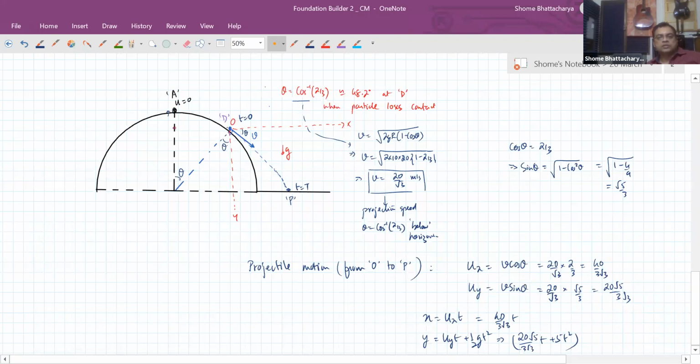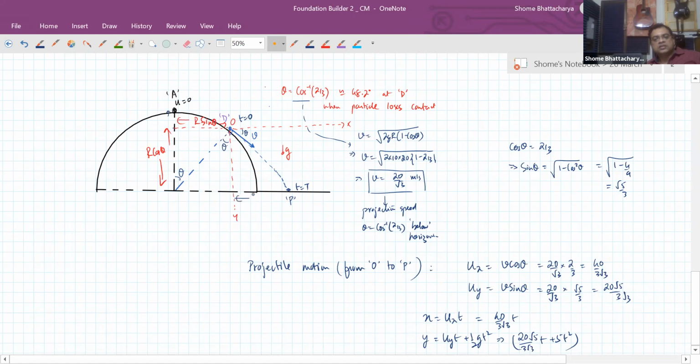So now you can see that this distance is r cos theta, okay, and this distance is r sin theta.